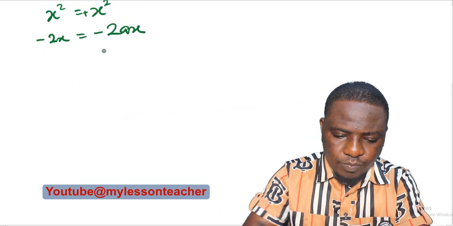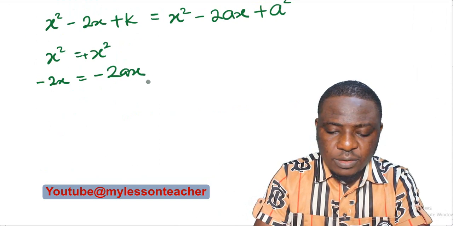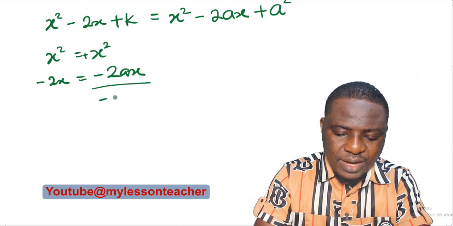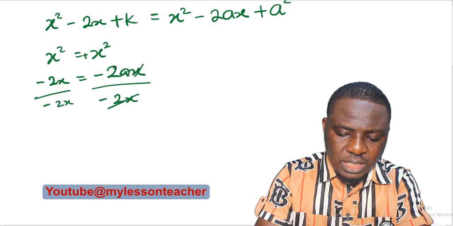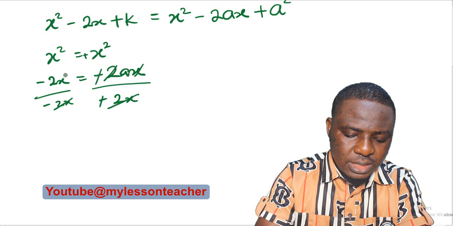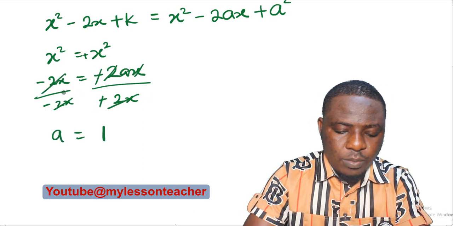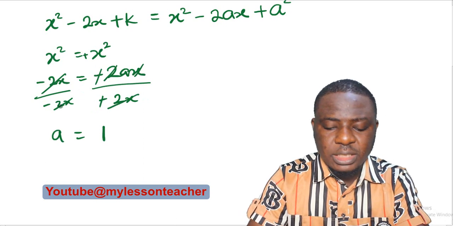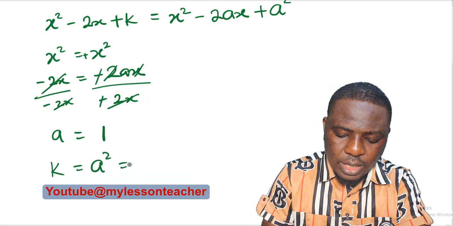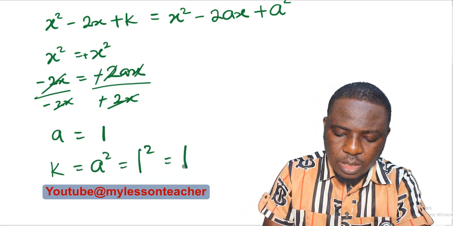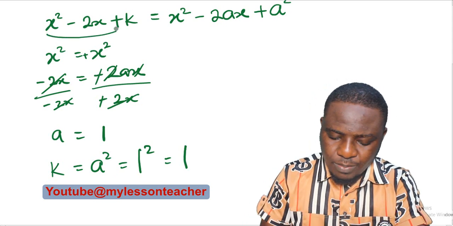If you divide both sides by minus 2x and make a the subject of the formula, a is equal to 1, for minus 2x divided by minus 2x is 1. Now what is k? k is a squared, and 1 squared is 1. So 1 is that term which, when added to this, makes it a perfect square.